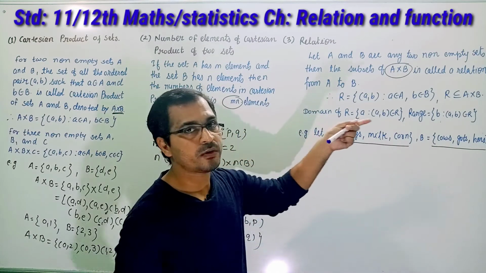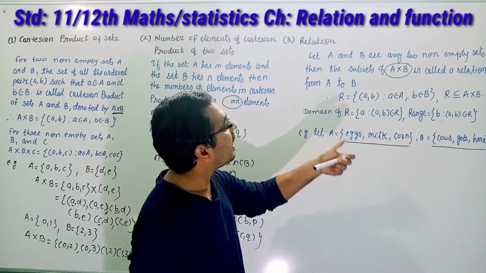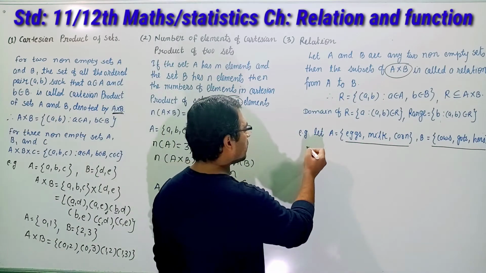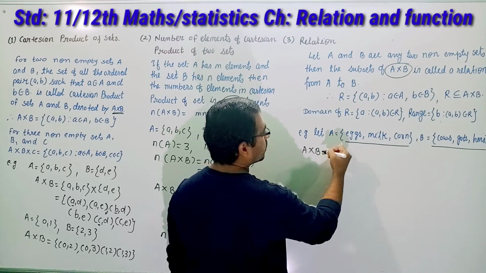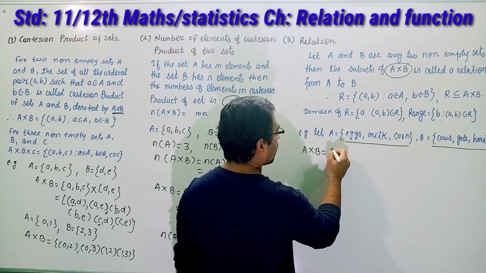Here we want to find the relation between A and B. So first of all, taking the Cartesian multiplication A cross B: egg is multiplied by cow.